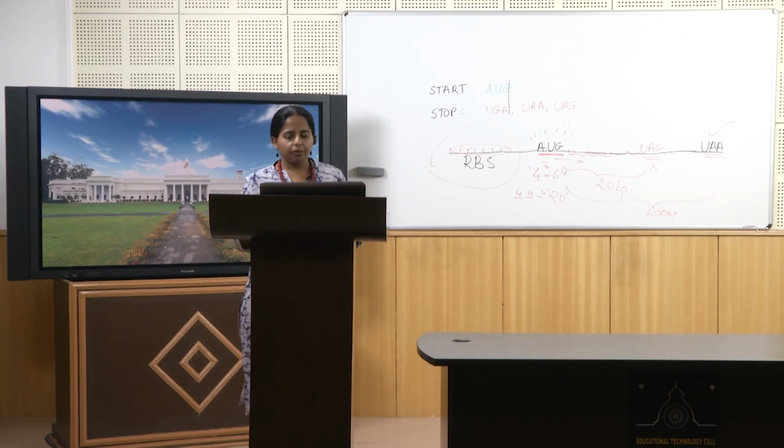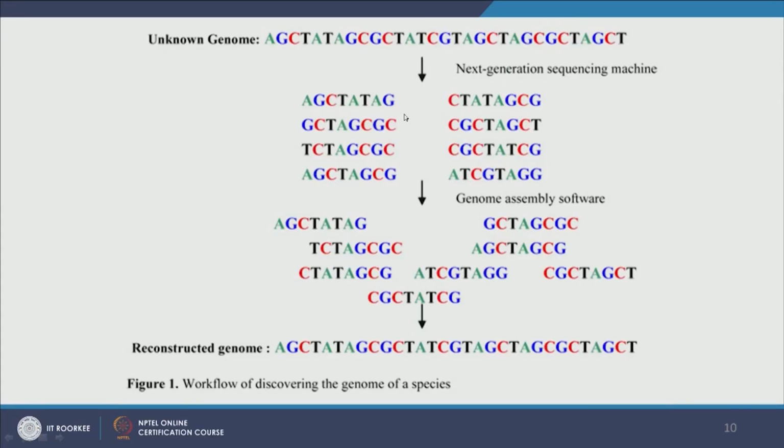The next step: now I have the ORFs. This is my unknown genome, by the way, and the next generation sequencing machine made small fragments of it, then identified the right ORFs, and once it has identified the right ORFs, this is what I am left with. And then we have genome assembly software. These are assemblers.